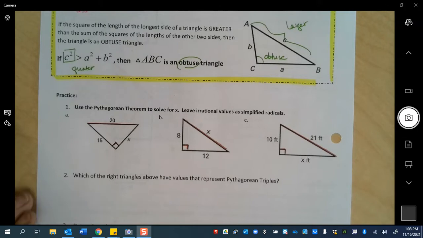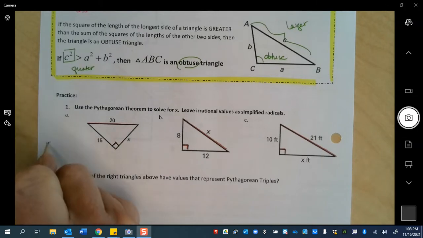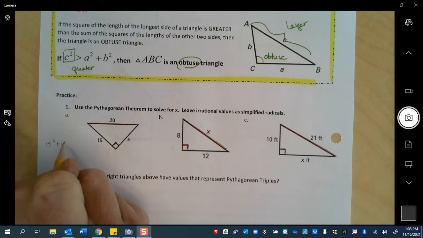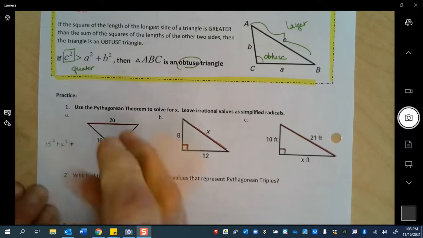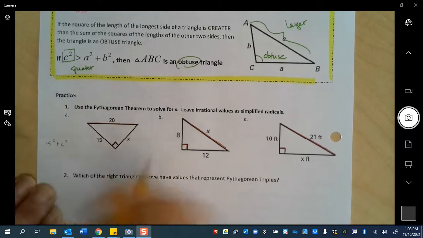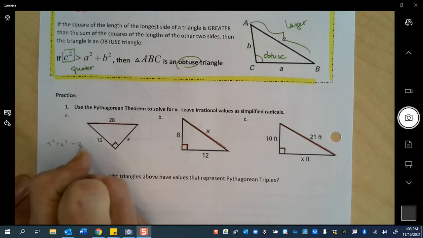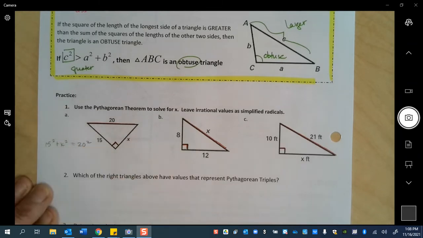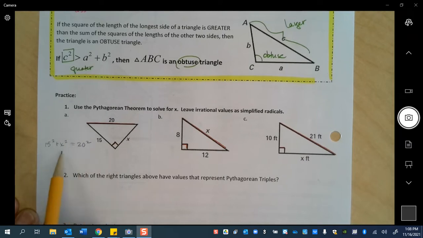Because then when you write your equation, 15 squared plus x squared is equal to 20 squared, then you'll need to be solving for your leg.